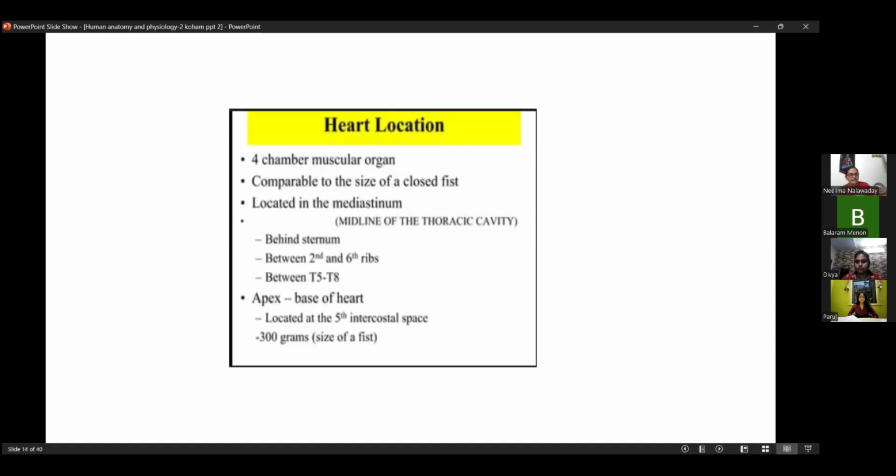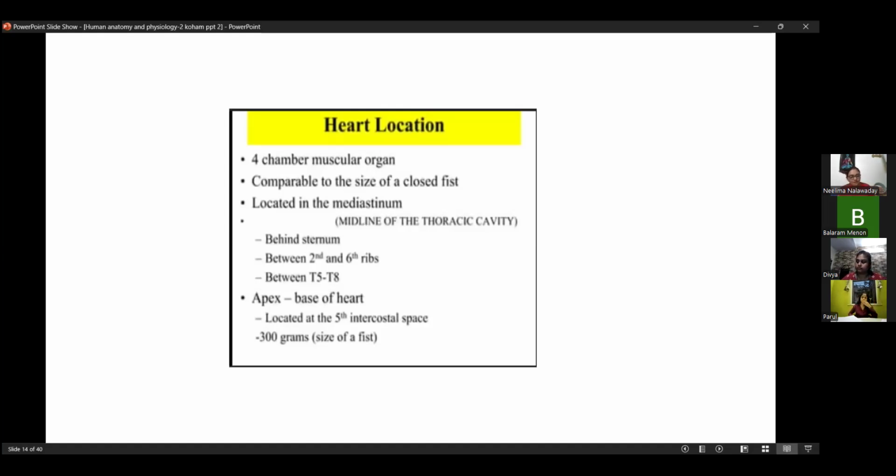Between second and sixth rib, it is located between T5 to T8. We saw thoracic cage and second and sixth rib anteriorly, and thoracic vertebra posteriorly, T5 to T8. That is the location of heart. Apex and base of heart.